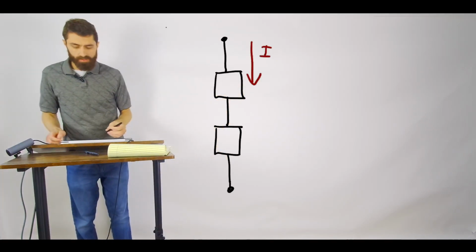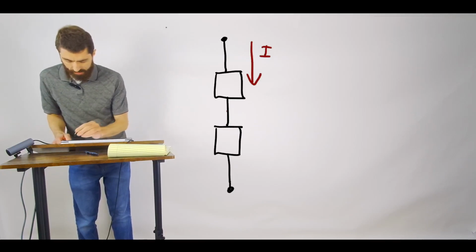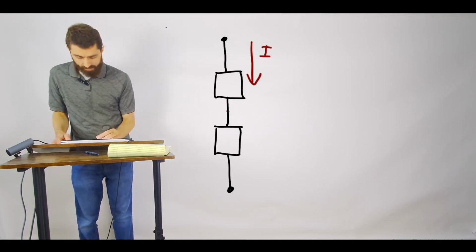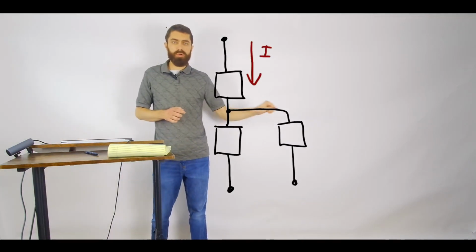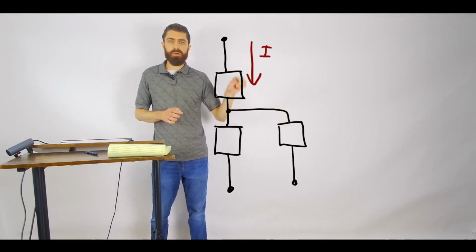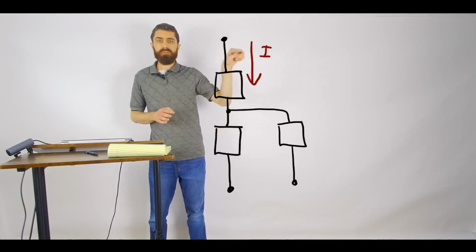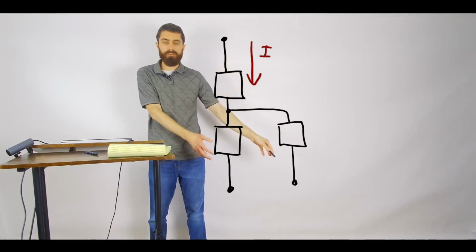Basically, if you added a component, let's say we had another component here, this addition would make these no longer in series, because now this same current I will flow through this component, but then it will split off.